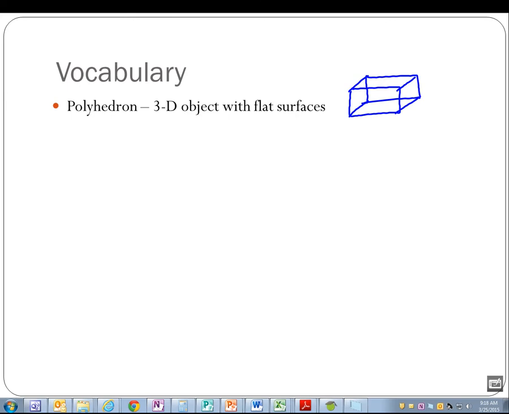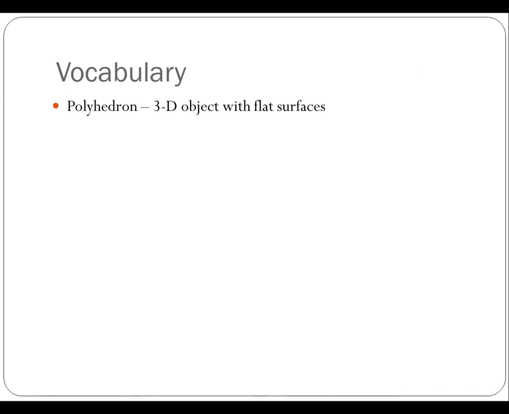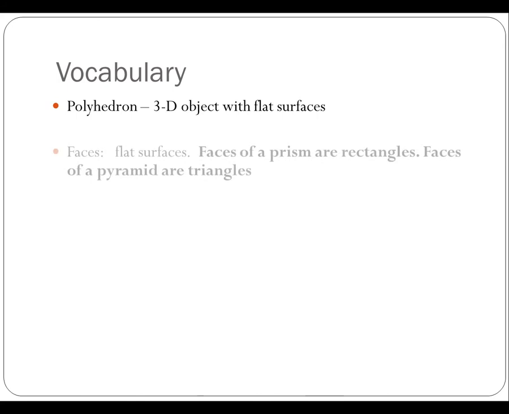A cube would be a square prism. And we'll get to that. Then we also have faces, which are flat surfaces. Faces of a prism are rectangles. Faces of a pyramid are triangles.